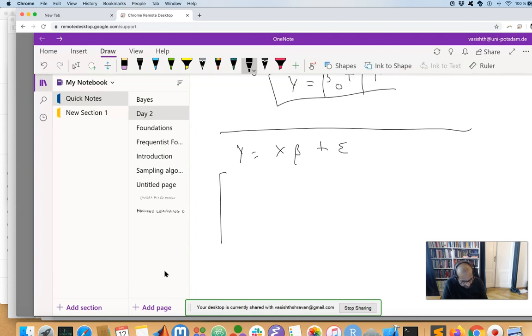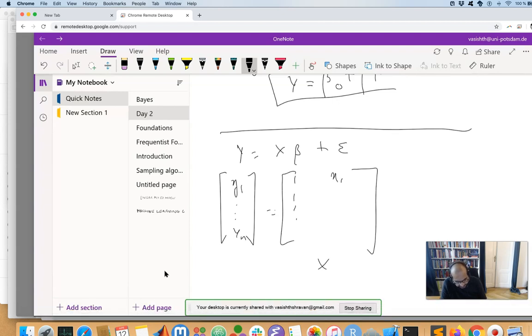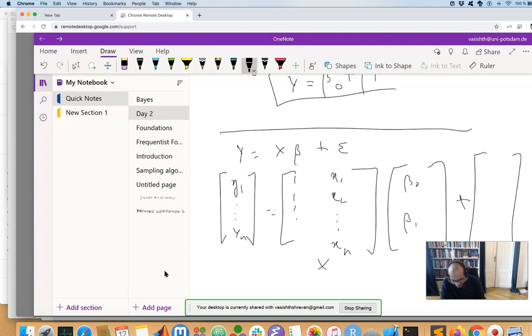I've got n data points, y1 all the way to yn, and I've got a model matrix here. This is my X matrix, which has ones here, and then some predictor, let's say x1, x2, up to xn. Let's say there are two parameters, so I have beta 0 and beta 1. And now the question is, what does my epsilon look like? I've got n epsilons here.